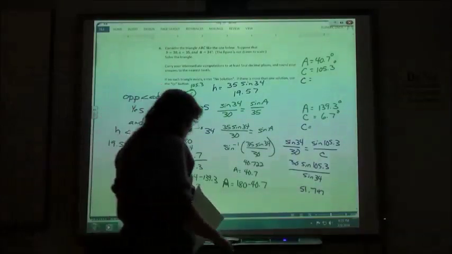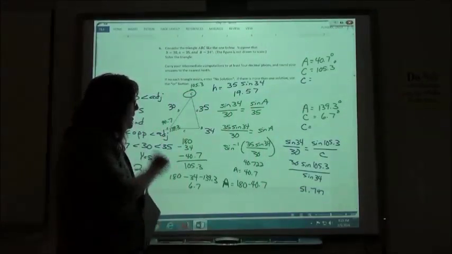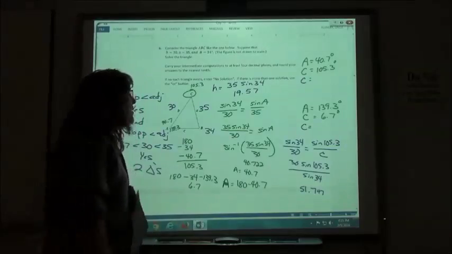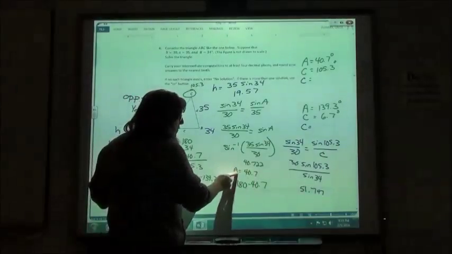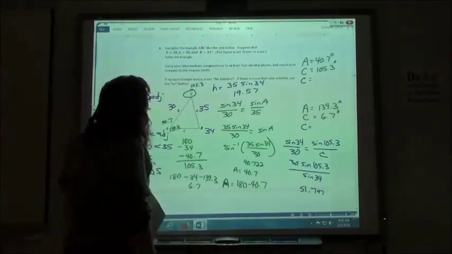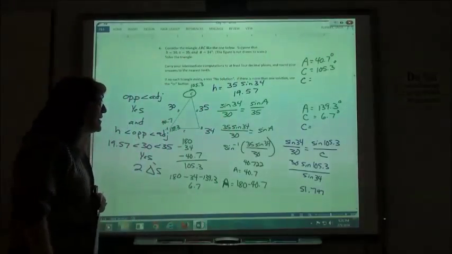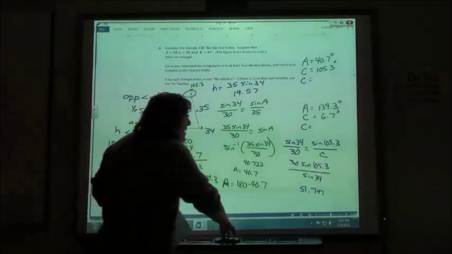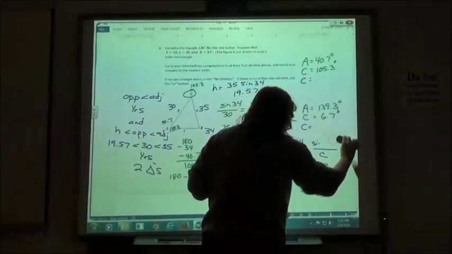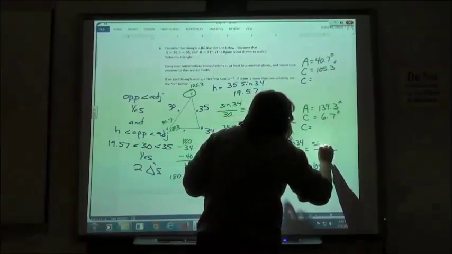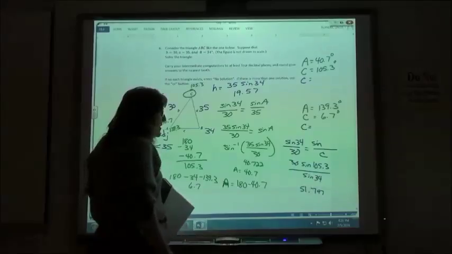Why that didn't come out right? I came up with a rounding error. The reason I got a rounding error is because I used the rounded off angle here. If I would read my directions, it says to carry your intermediate computations to 4 decimal places, so that when you're doing your calculation, instead of using the rounded off answers up here, I have to use my answer, and I should have carried it to 4 decimal places.